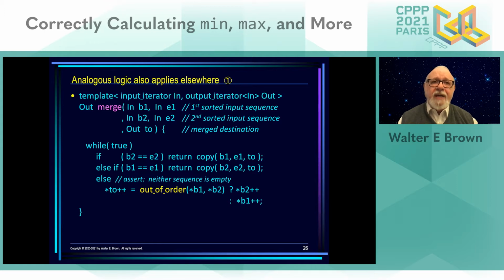You'll notice the body first takes care of 2 special cases. If the second sequence is empty, we return the result of copying the first sequence. There's no more merging to be done. Otherwise, if it's the first sequence that's empty, we return the result of copying the second sequence. There's no more merging to be done. So all the interesting work happens in the else clause.